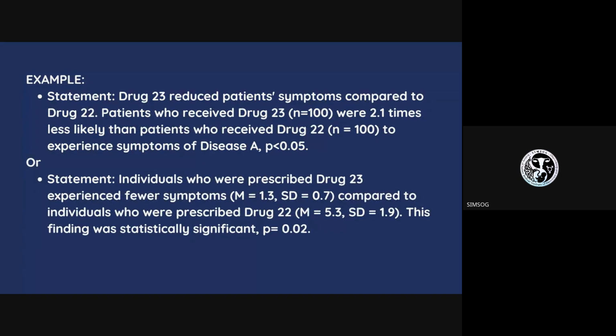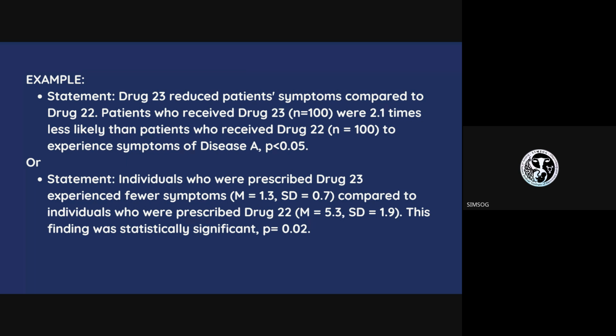Okay, so let's take an example. A statement would be: drug 23 reduced patient symptoms compared to drug 22. Patients who received drug 23 in a sample of 100 were 2.1 times less likely than patients who received drug 22, in a sample of again 100, to experience symptoms of disease A, where the p value was, let's say, 0.03.